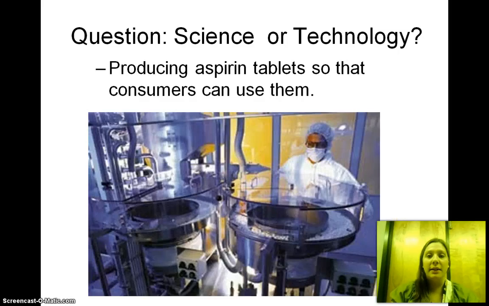Okay? A technologist is somebody who would then take that aspirin and mass produce large amounts to be distributed to a consumer. Okay, so that is taking the application of what we learned about aspirin and how and why it interacts and applying it to some use like a medication.